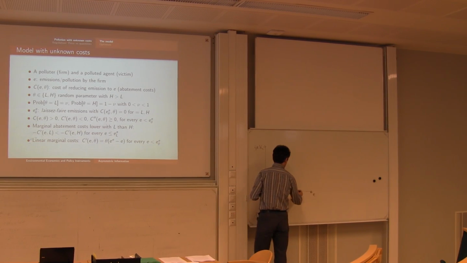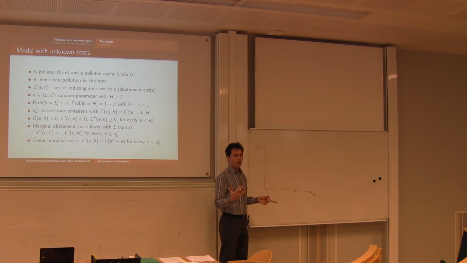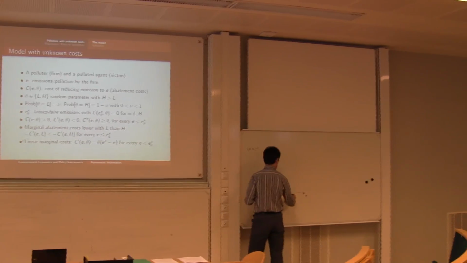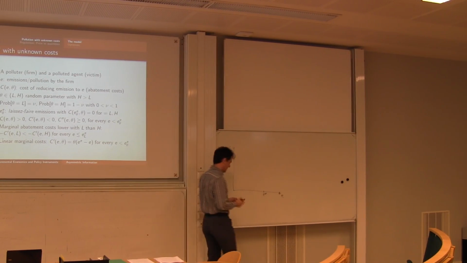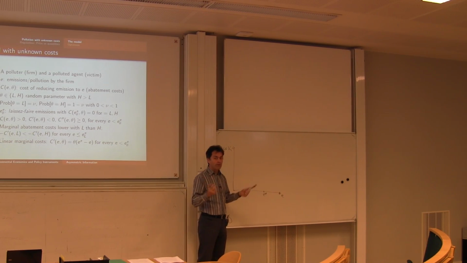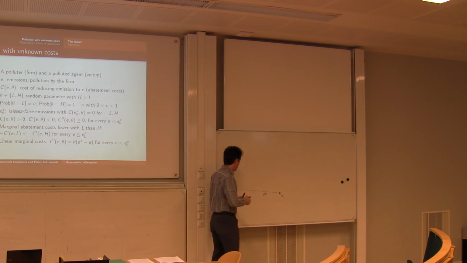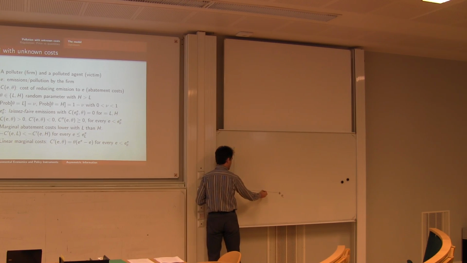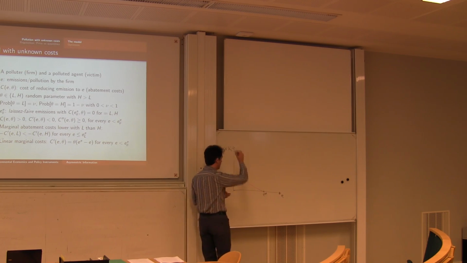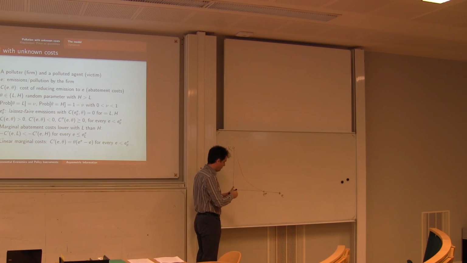So there is some laissez-faire or uncontrolled level of emission, which is costless. So the cost is zero for this emission level, E, the laissez-faire equilibrium. But then if you reduce your emission, that is costly, and this cost is increasing and convex, and potentially infinite for zero level of emission, or it could also be finite.